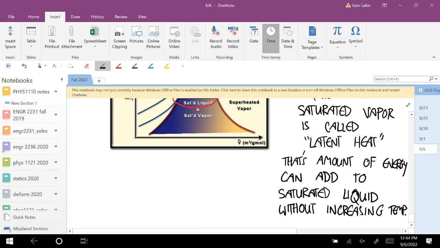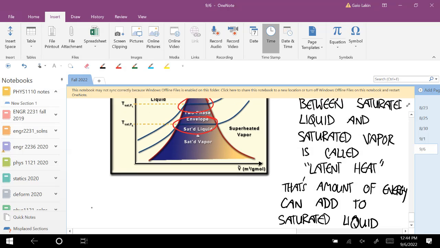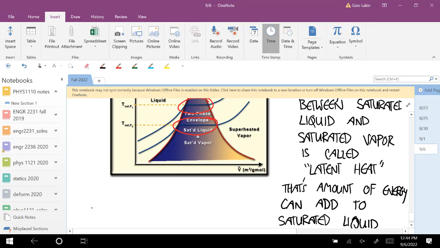That's going to be a hugely important thing for engineering applications of thermodynamics. And I'll give you a little example to try to explain why that is. The same thing happens, so that same phase change phenomenon happens when you go from solid to liquid, but the change from liquid to vapor is a lot more important, and that's because there's a lot more latent energy that goes into the phase change from a liquid to a gas than goes into the phase change from a solid to a liquid.